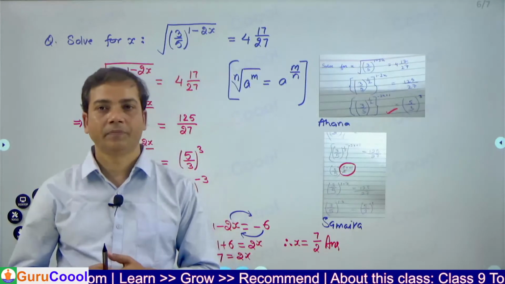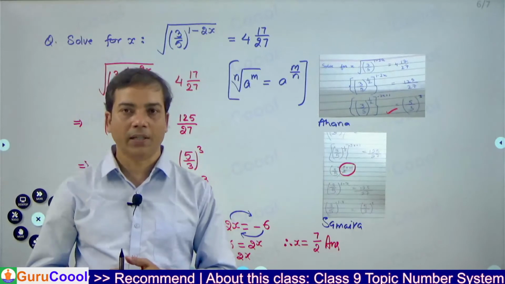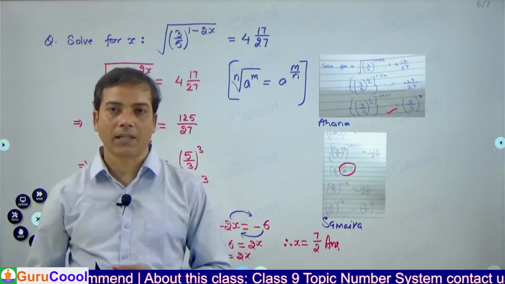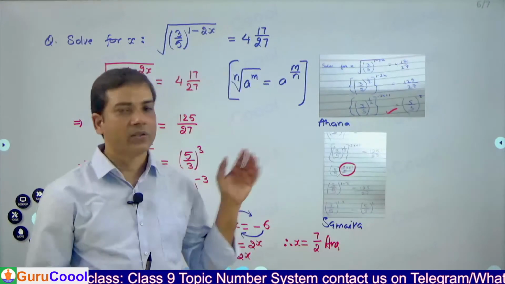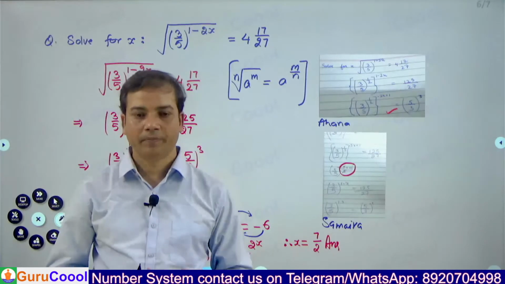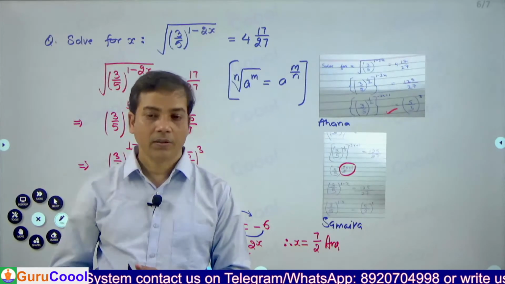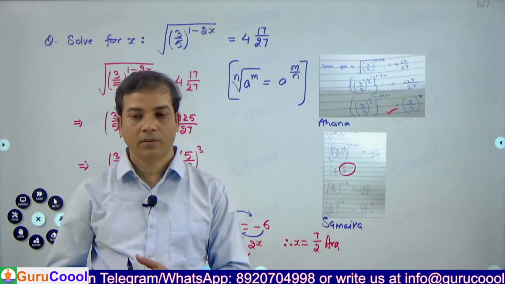Sir, this topic is in chapter 1 only. Yes, I understand. I mentioned in the starting only. In NCERT, all these things are in chapter 1: exponents, real numbers. Exponents are not in our textbook's first chapter.